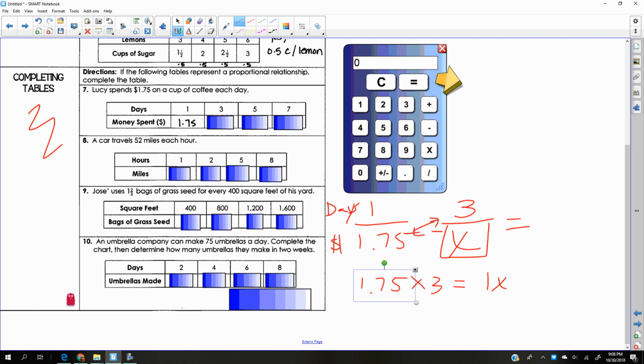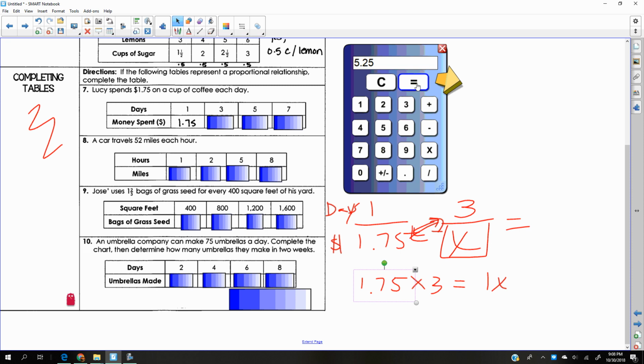To do that, all you have to do is cross multiply. So when you cross multiply, you multiply $1.75 times 3, and we get 5.25.